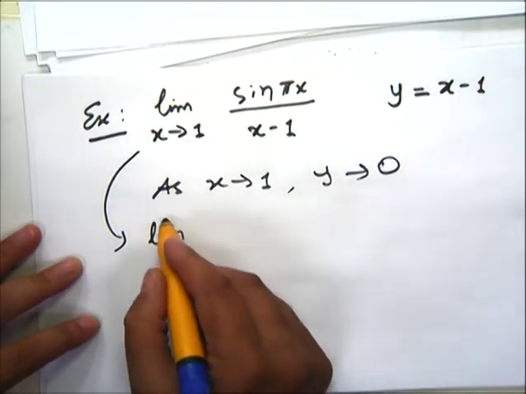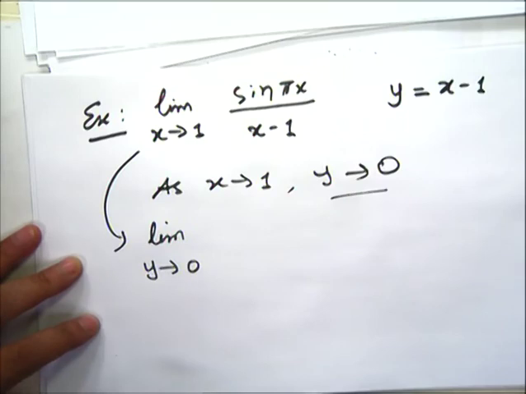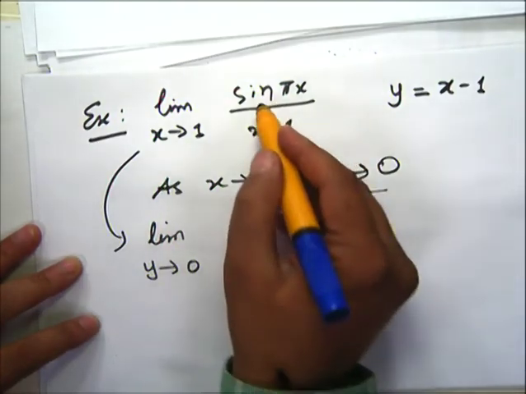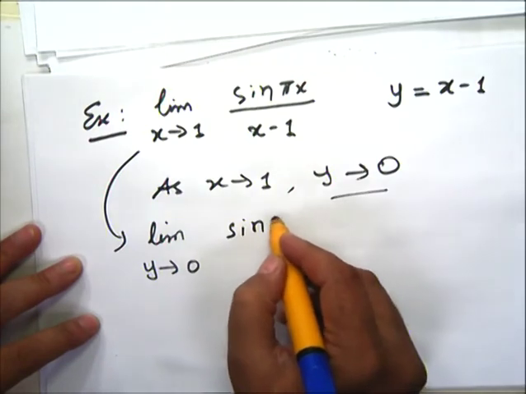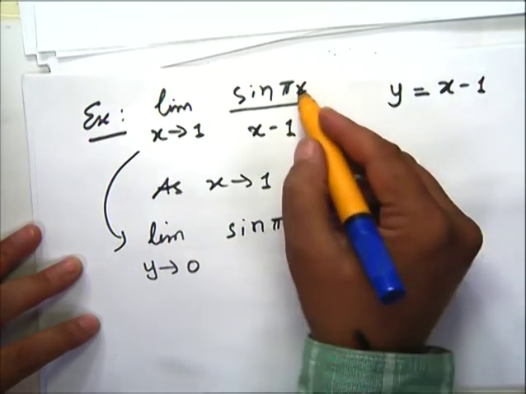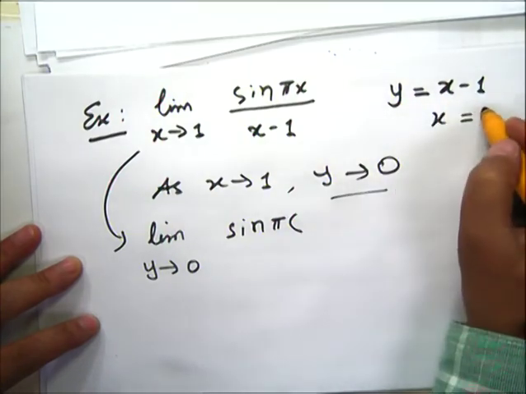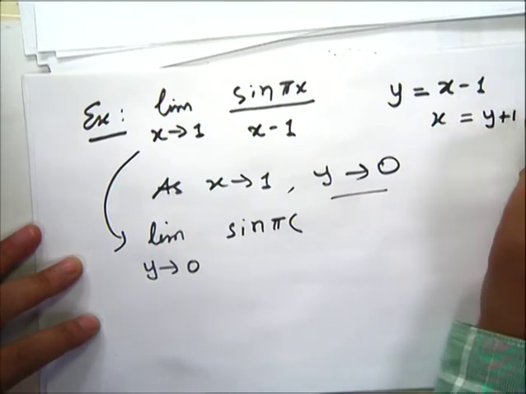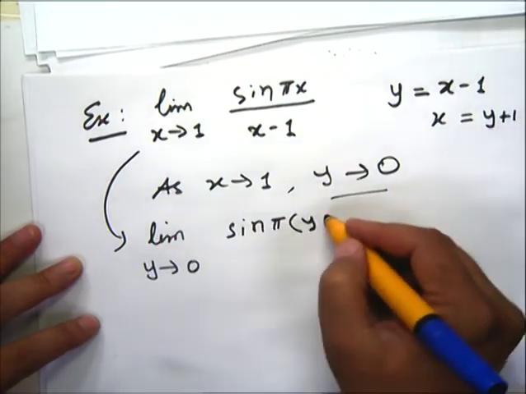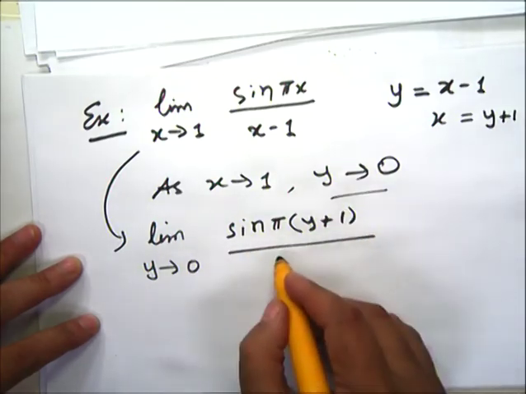Limit y tends to 0. Here it is y tends to 0. Sin pi, and instead of x, what can we use? x is equal to y plus 1. Okay. So it is sin pi into y plus 1 upon y.